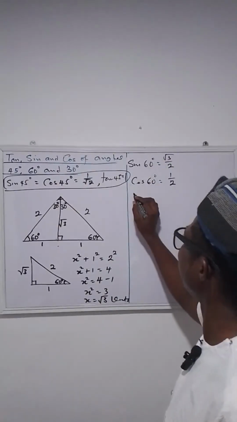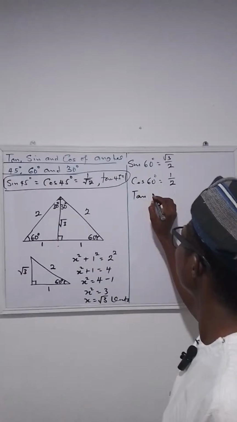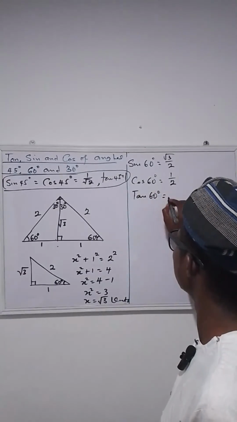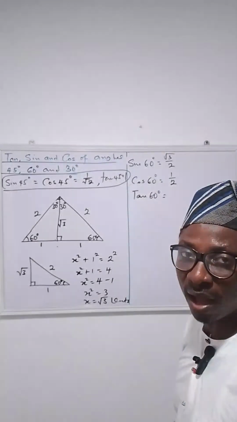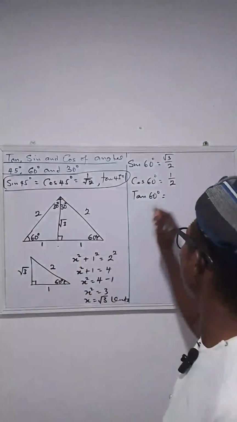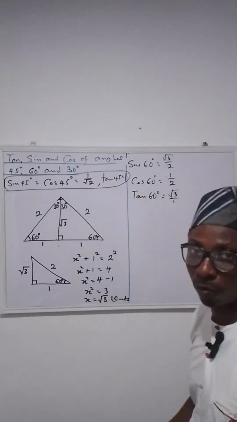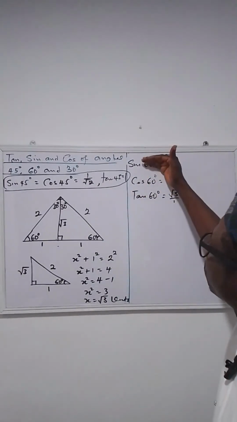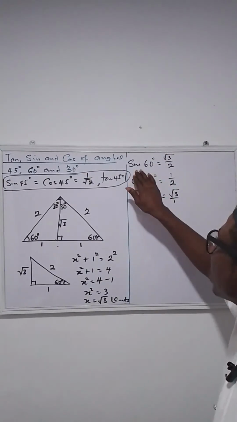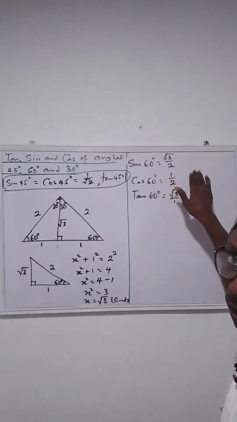Okay? Now, the last one is tan 60 degrees. Okay, that's opposite over adjacent. So that's going to be square root of 3 over 1. Okay, so we now have the values of this special angle 60. So sine 60 is square root of 3 over 2. Cos 60 is 1 over 2.